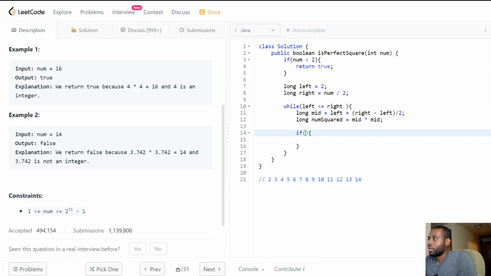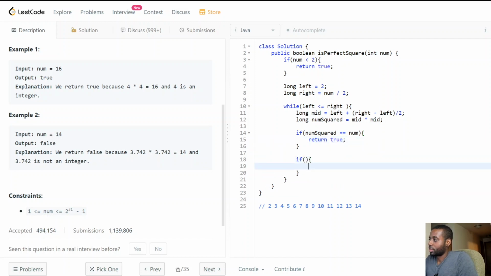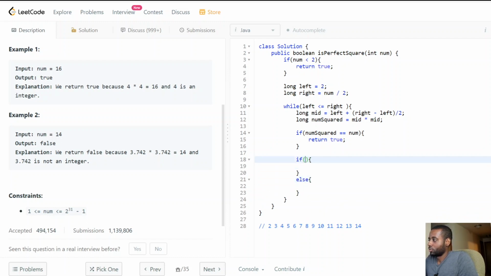If num squared equals num, we return true. And if that's not the case, we decide to go left or right, because we're doing it efficiently.